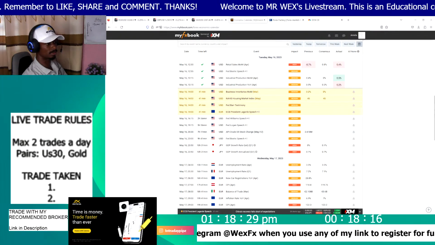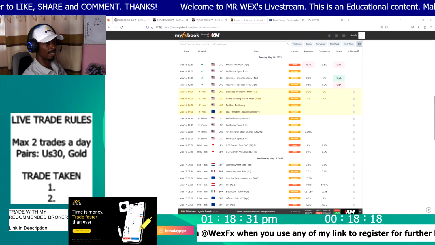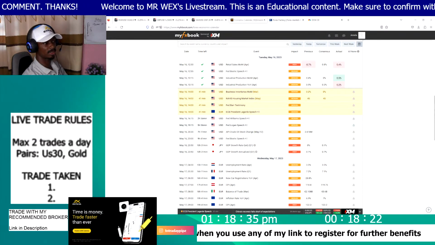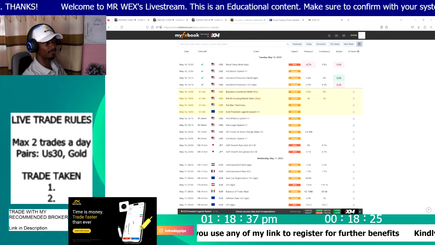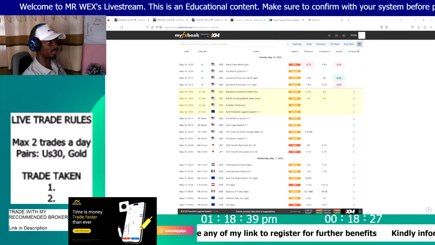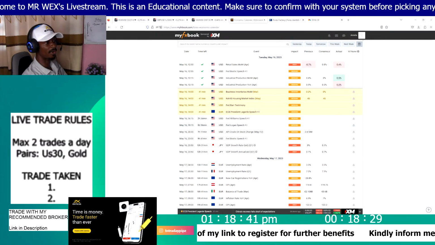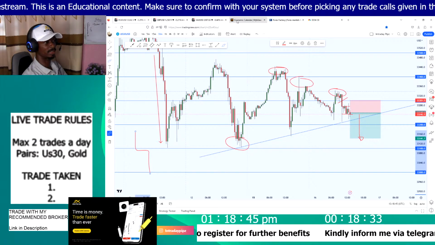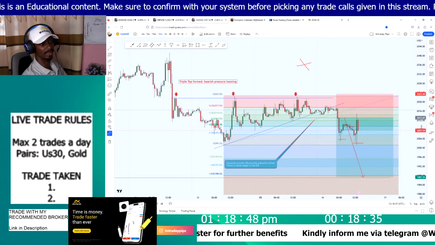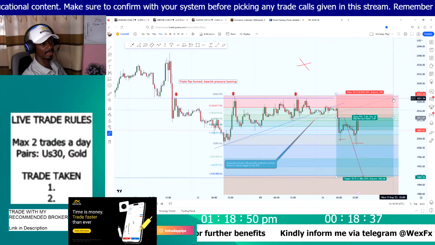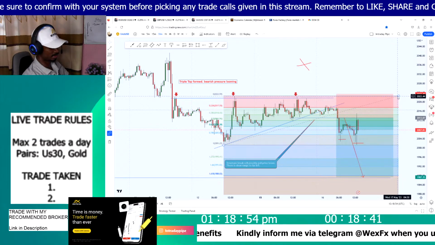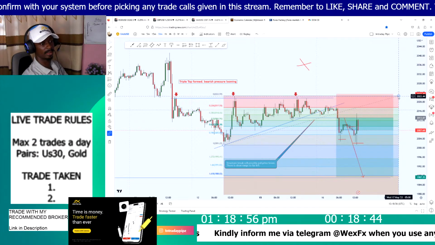For that, I would say I'm not seeing much volume coming in for that kind of push in the upward direction. But we might see volume coming in for a bearish direction, of course, because the structure is in favor of the bears. This analysis, as you've seen here, I'd already sent out since morning.